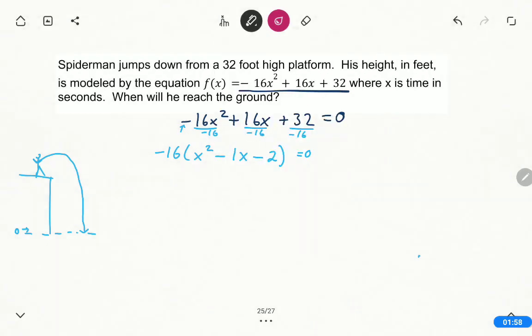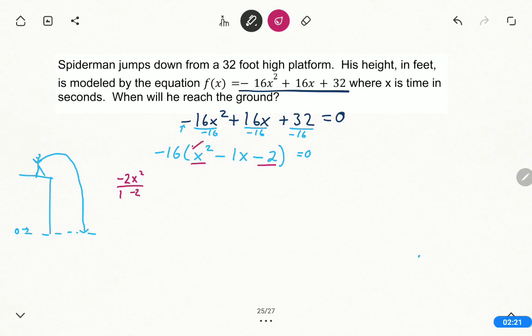We're going to continue factoring the trinomial that's in parentheses. So it's not a pattern. So we'll multiply first and last and do the grouping. So negative 2x squared. Combination of factors are just 1 and 2, because it has to add up to be negative 1. We want the 2 to be negative.